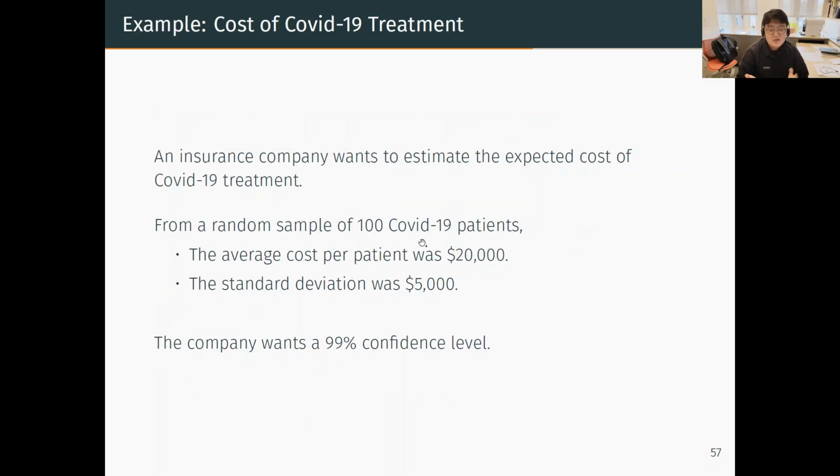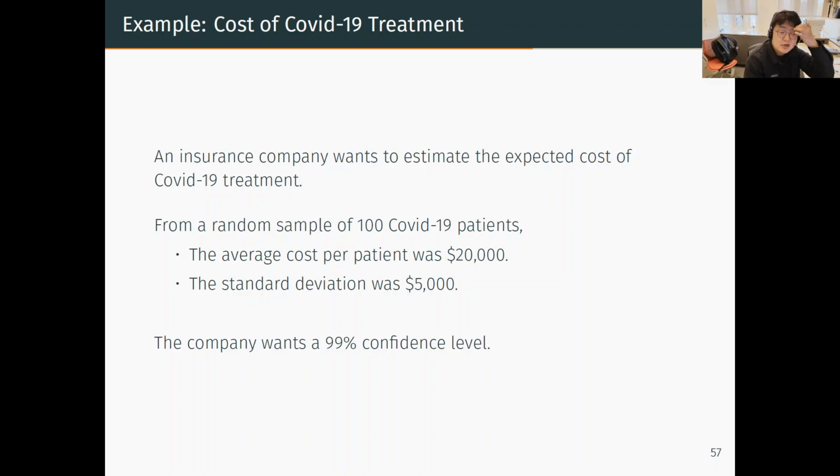So then let's think about a more specific example for a confidence interval, like COVID-19 treatment. An insurance company wants to estimate the expected cost of COVID-19 treatment, right? From a sample, the insurance company collected 100 COVID-19 patients.